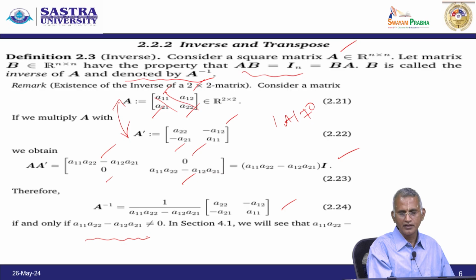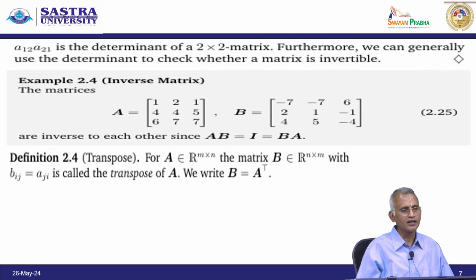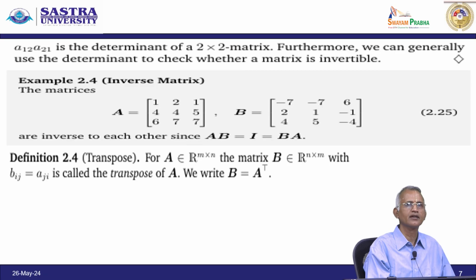So, in this section we see whether the matrix multiplication exists or not, that we can find out, and then further we can generally use the determinant to check whether the matrix is invertible.